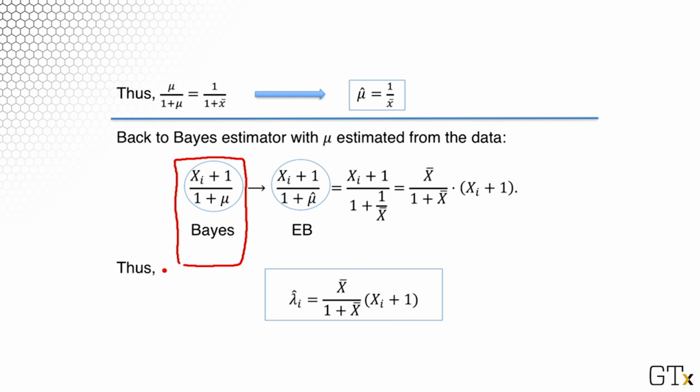In empirical Bayes, you simply replace mu by mu hat that you estimated from the data, and lambda i is estimated as xi plus 1 multiplied by this coefficient that involves all data. Notice that there is borrowing strength, that is, lambda i's are estimated by the individual observation xi, but also this x bar over 1 plus x bar comes from the whole experiment, from all n observations.